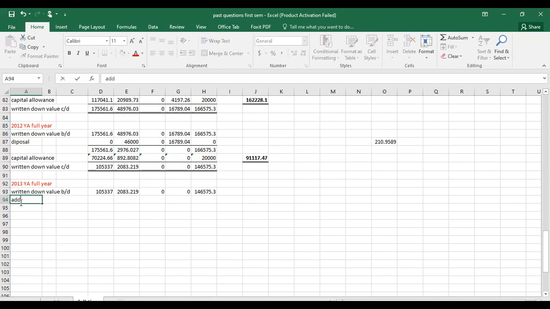Then I look out for additions. In 2013, which assets were added on? You need to look for those ones. 2013 Toyota Land Cruiser, have you seen it? 80,000. Toyota Bus, 70,000.